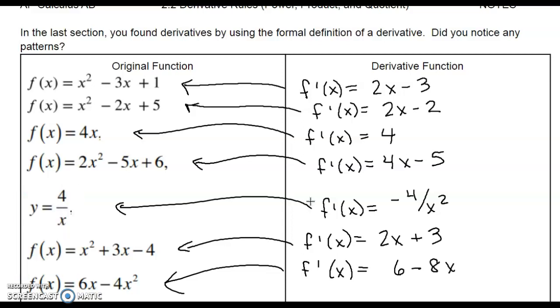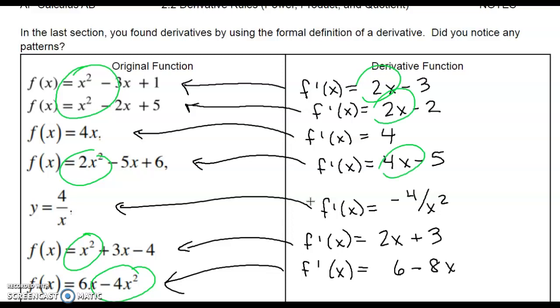But if we investigate, there are some. So like here, these are all parabolas. And what I notice is that the derivative always has a power of x. Now, sometimes there's a number in front, sometimes they're not. It looks like there's a lot of 2's, and then these didn't have numbers in front. So there is a relationship.